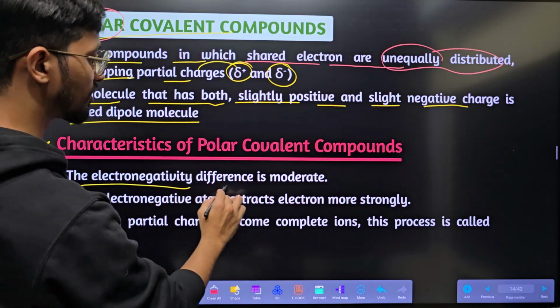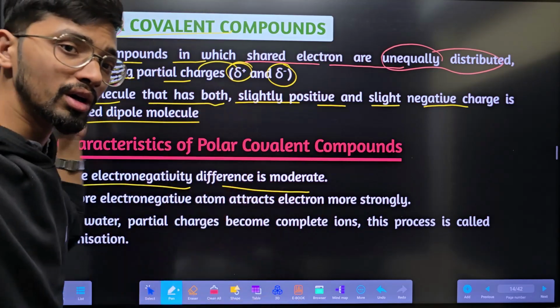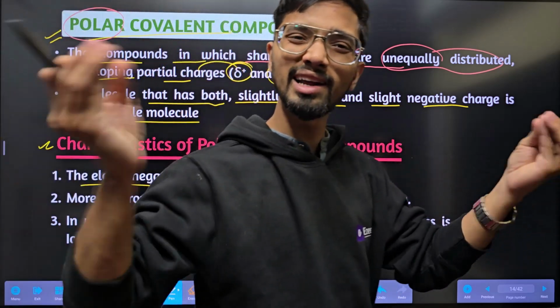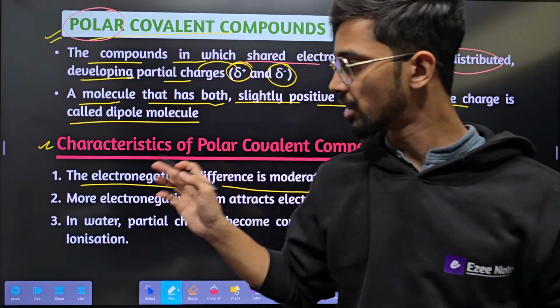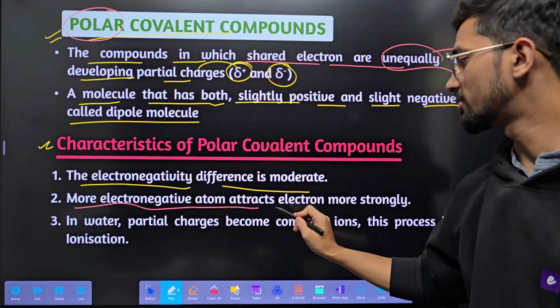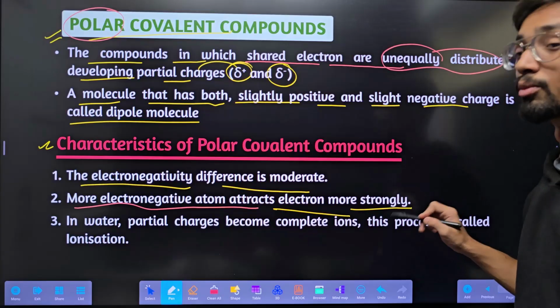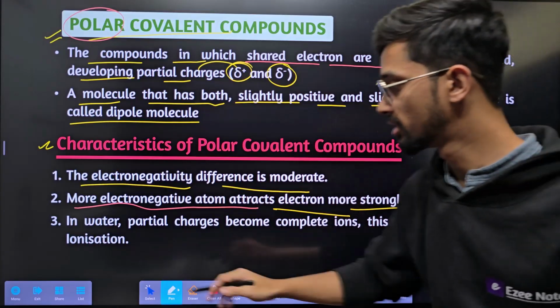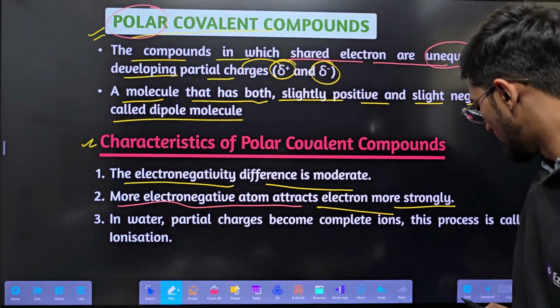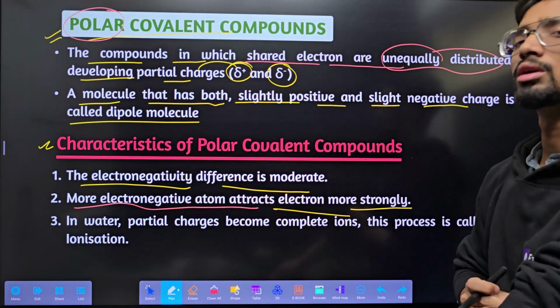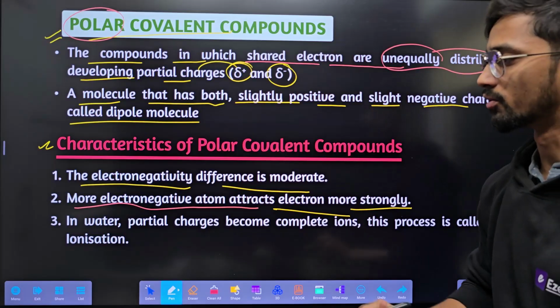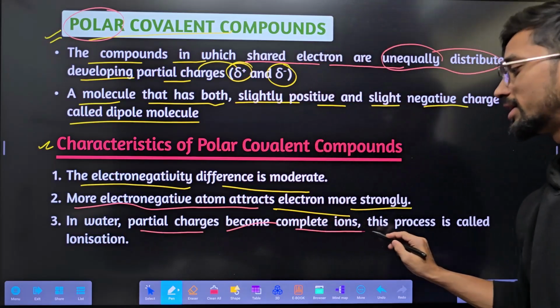Characteristics: the electronegativity difference is moderate, not large. If it was large, it would be an ionic compound. Because it is moderate, it can be a covalent compound. The more electronegative atom attracts electrons more strongly compared to the less electronegative one. What happens if we put this molecule in water, a polar covalent compound? The partial charges become complete ions.